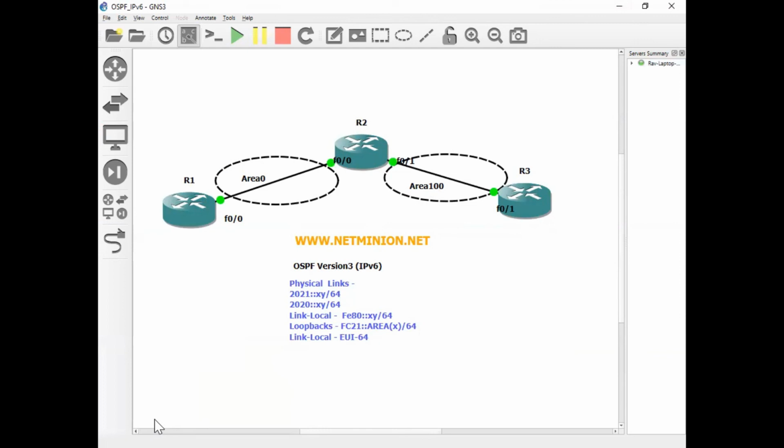You can go through each and everything, and you can go through the OSPFv3. Okay, that is what was decided for today's lab. If there is any doubt, any question, you can ask. Otherwise, we are good to wrap up today.